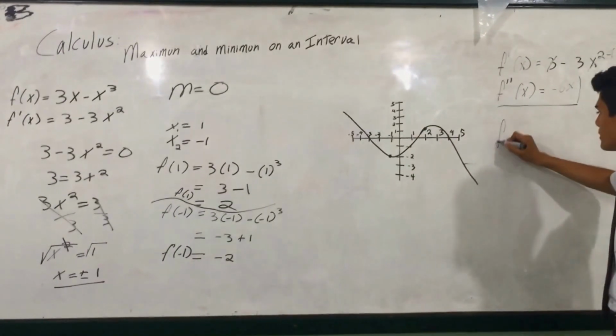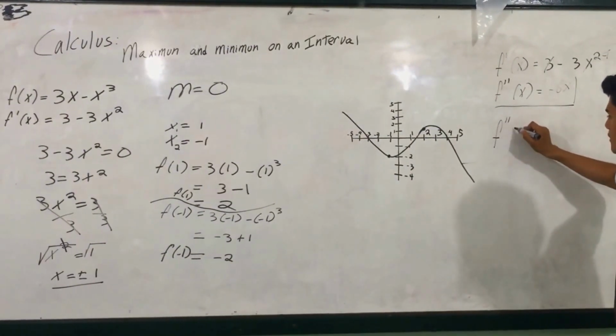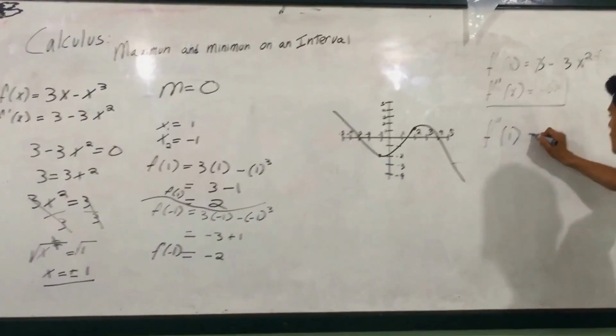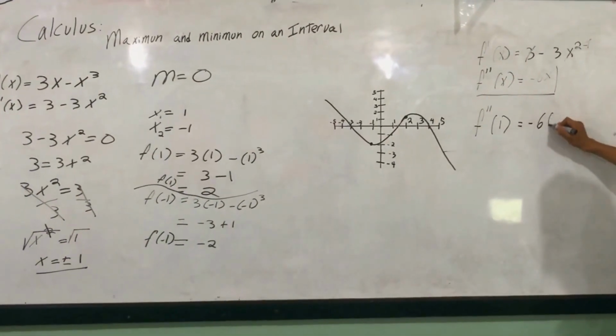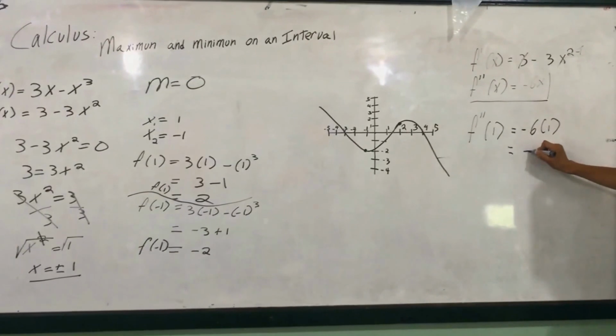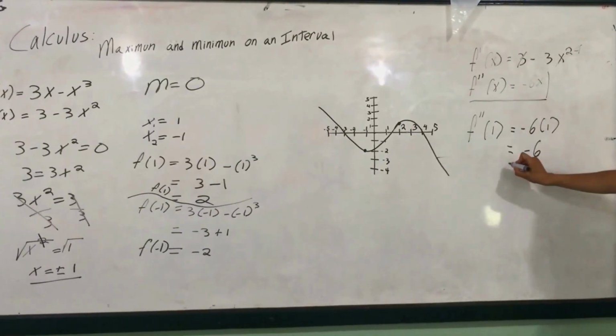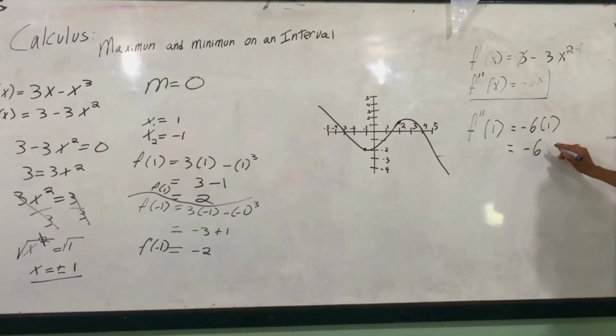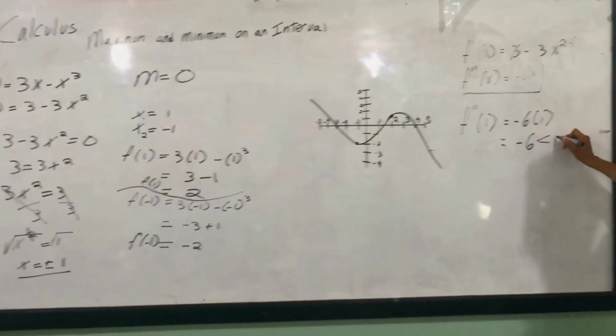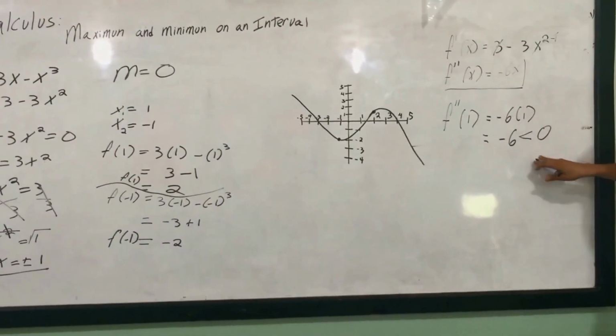Now, what I'm going to do is replace it. First, let's do it with 1. It's minus 6 times 1, equal to minus 6. Now, this is obviously the maximum.